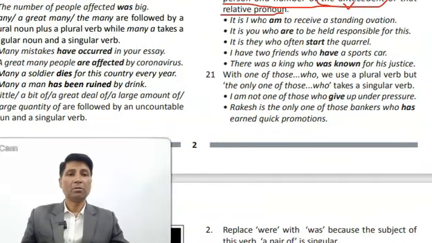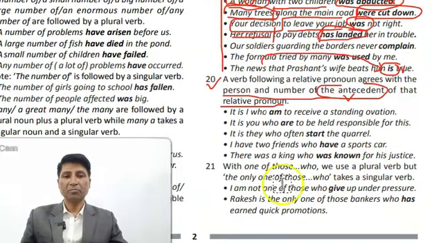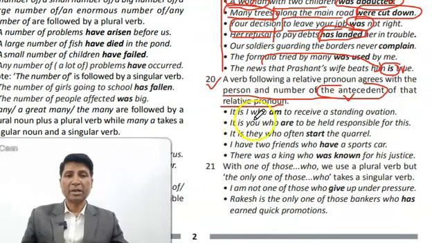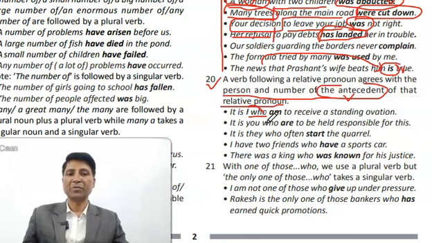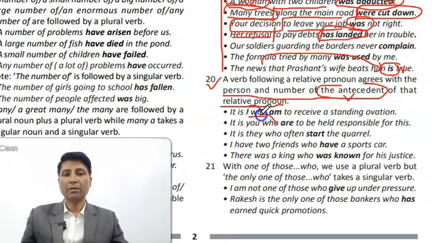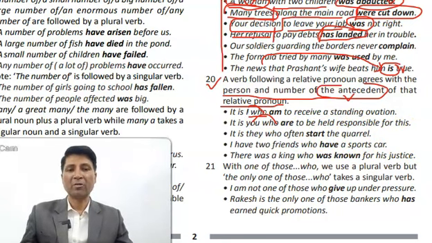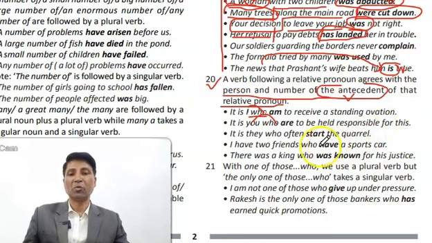Now look at the rule. So what is happening over here? It is I who am to receive a standing ovation. So here a relative pronoun is coming for I. In other words, I is the antecedent of who. Here this relative pronoun is coming for you. In other words, you is the antecedent of who.